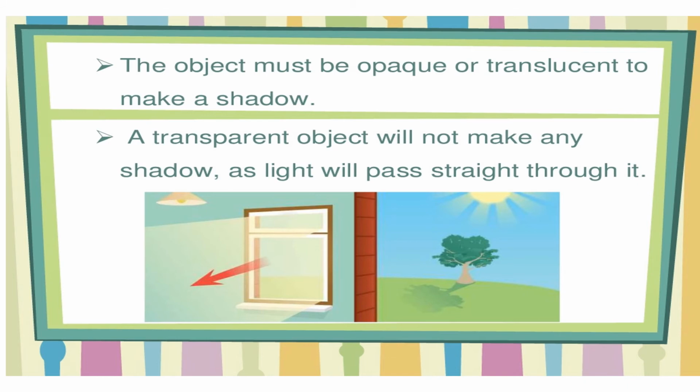Can you think of other examples? That's excellent. And do you remember what we said about transparent objects? We said transparent objects will not make any shadows. Why won't they make any shadows? Because light passes through them, so they can't make any shadows.